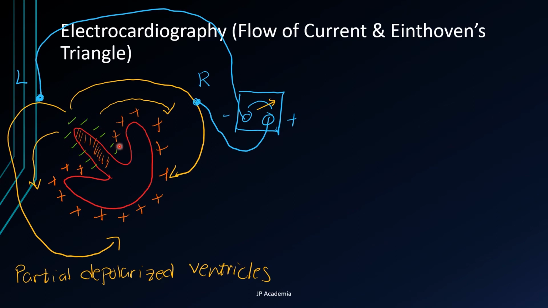So that's why we have here first the negative sign. Thus, we have this electropositivity on the outer walls of the ventricles. Therefore, the average current flows with negativity at the base of the heart and positivity toward the apex. This is observable in the voltmeter with a positive deflection attached at points L, so this one, or the left side of the body, and R, or the right side of the body.